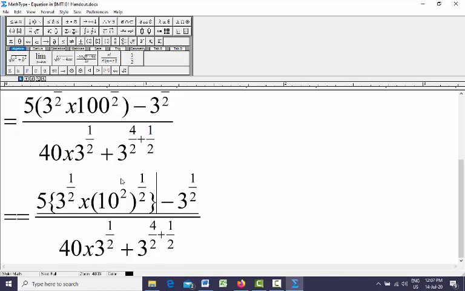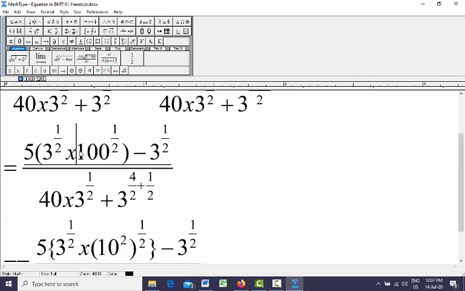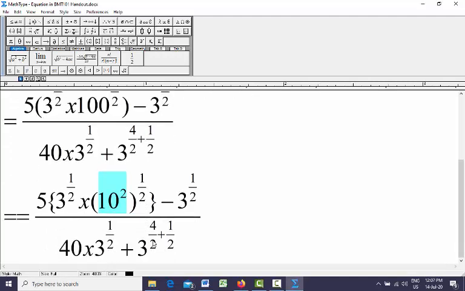Pay attention. So we have 100 here, and 100 can be written as 10 square, and we had a power outside, and everything is the same except this one. Now 4 by 2 can be written as 2. If you cancel 4 with 2, you will get 2 here. Okay, so 2 plus half, right?